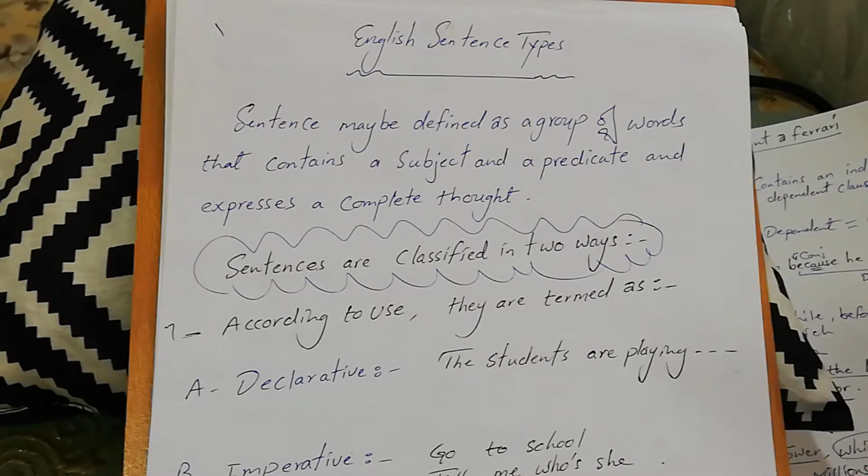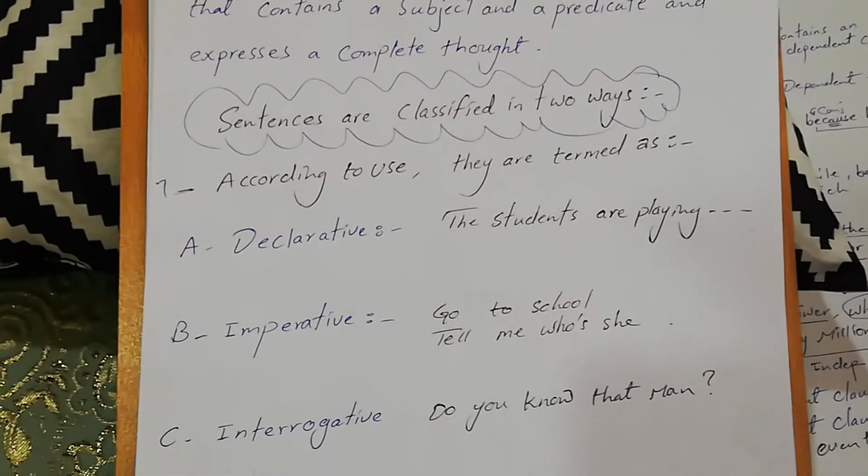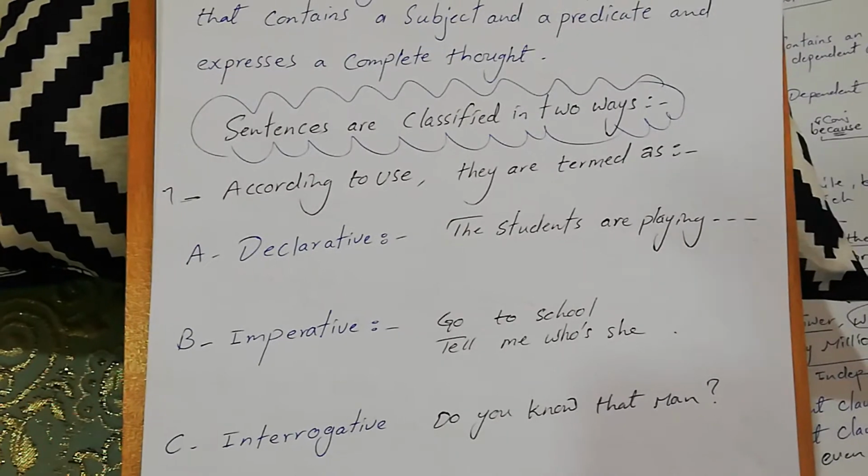Now, let's start with the definition of sentence. A sentence may be defined as a group of words that contains a subject and a predicate and expresses a complete thought. So, sentences are classified in two ways, according to use and according to structure.